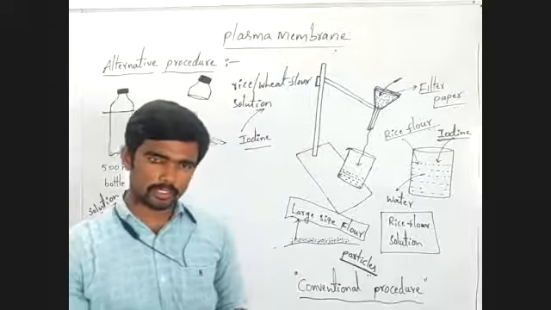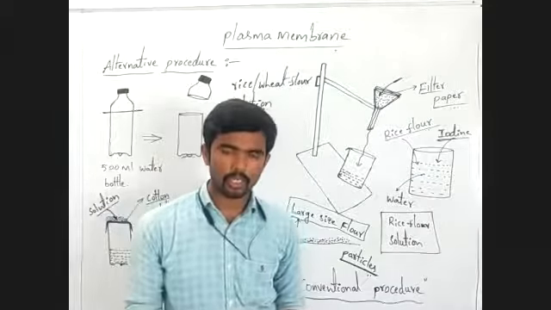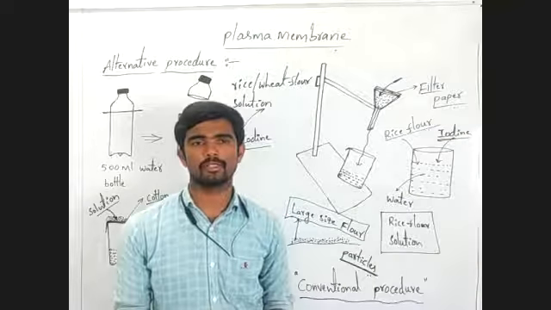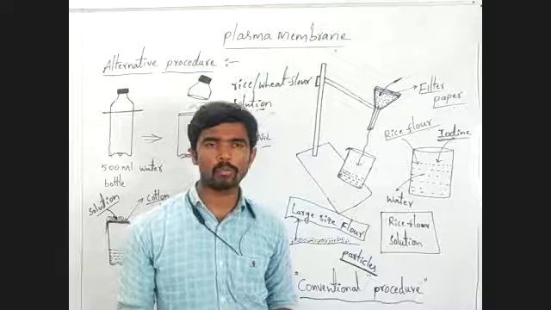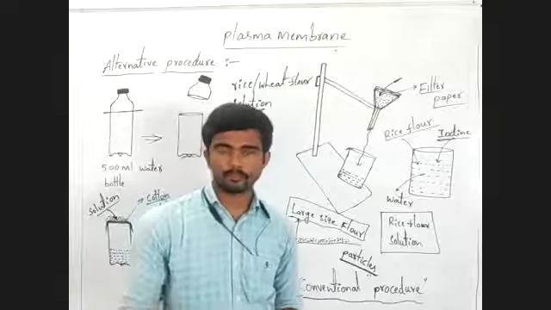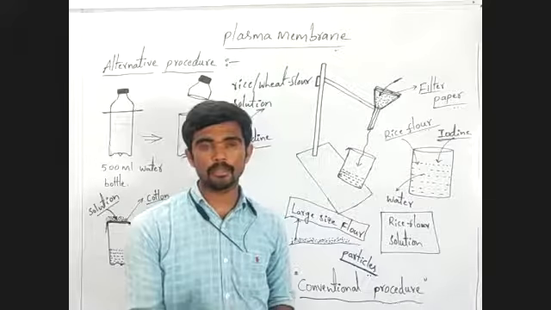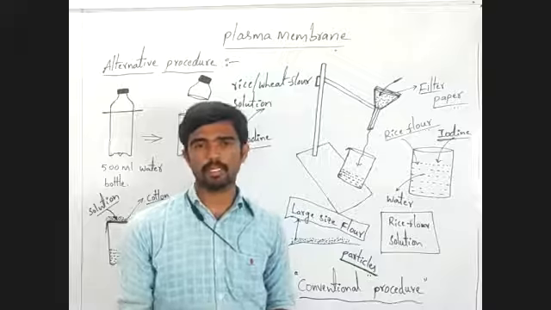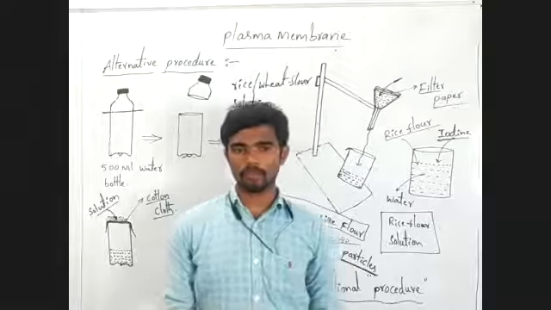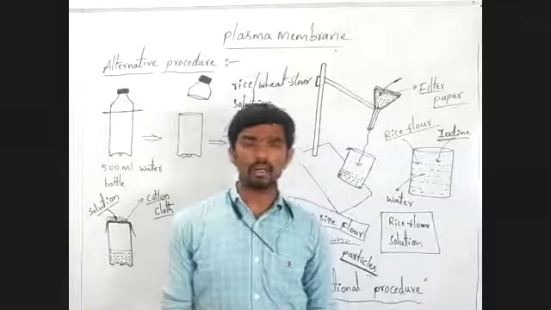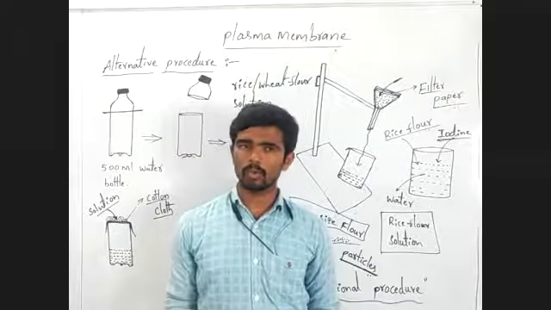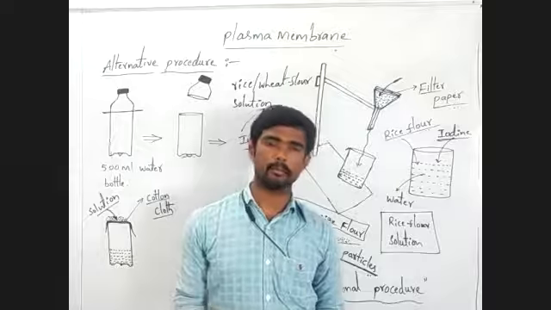It allows only certain substances through it. For example, water soluble materials can be allowed by the plasma membrane because they are dissolved in water. Water insoluble materials or large sized materials cannot be allowed by the plasma membrane.